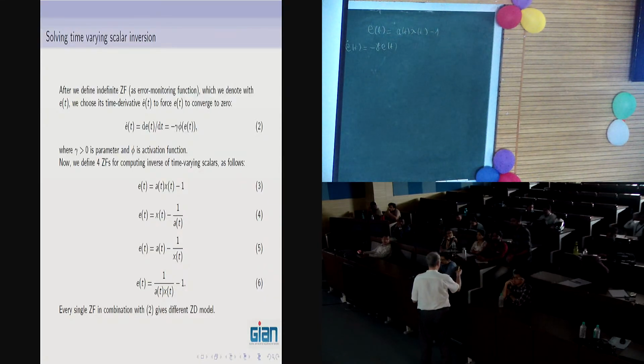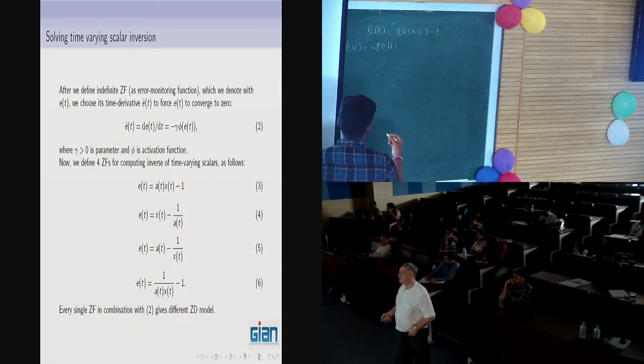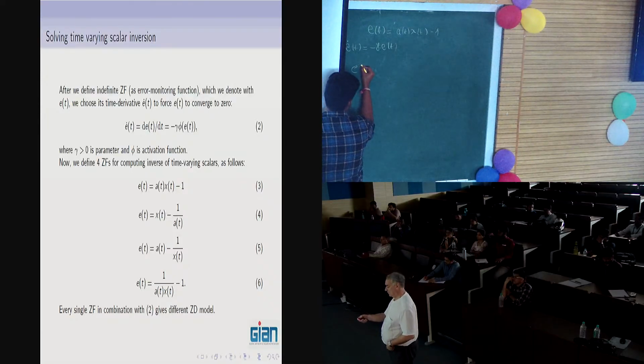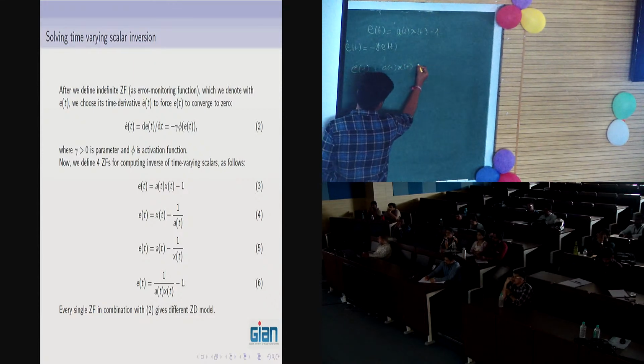Now we will define the expanded form. We need E dot. Find the time derivative of this. Nothing simpler.